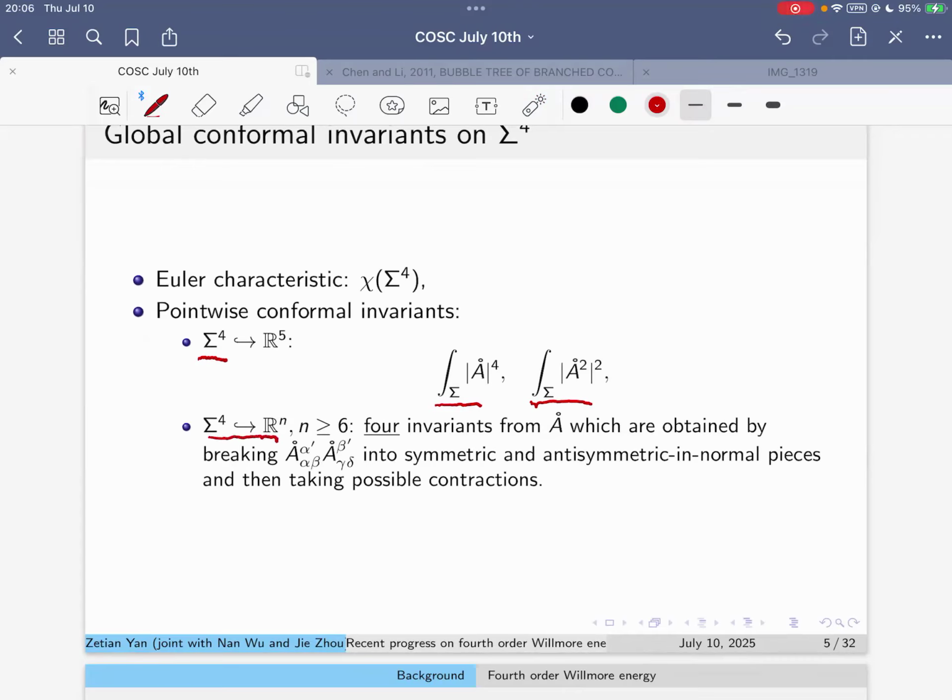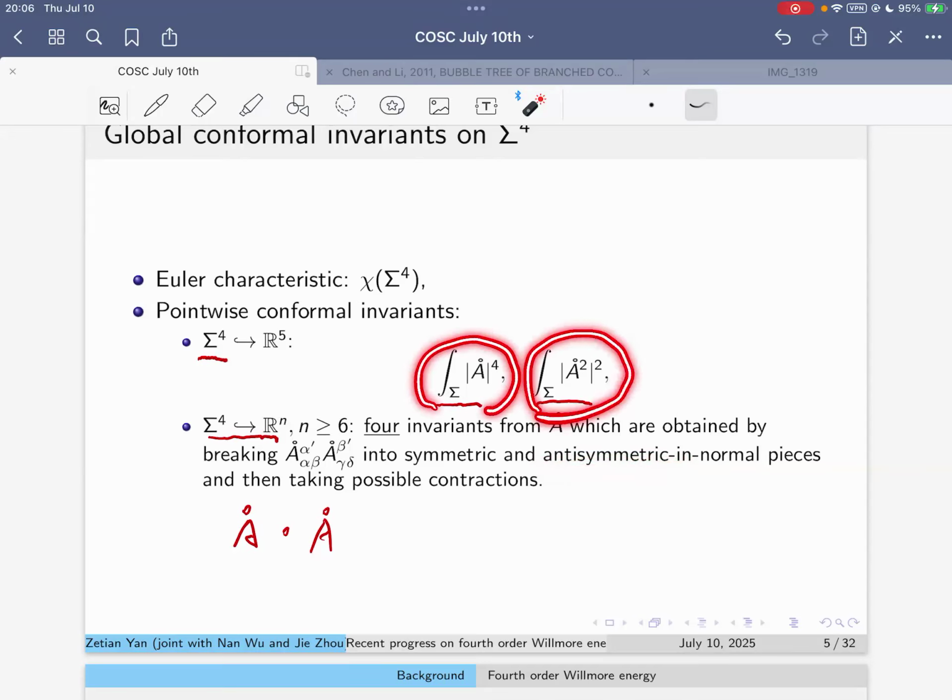In the general codimension case, right now we can decompose the following tensor. Let me emphasize, since we can regard the second fundamental form as a two-tensor taking values in the normal bundle, right? If you consider their product, you will find that you have two indices, alpha prime and beta prime. And you can break it into a symmetric part and an anti-symmetric part and do the suitable contraction as we did previously.